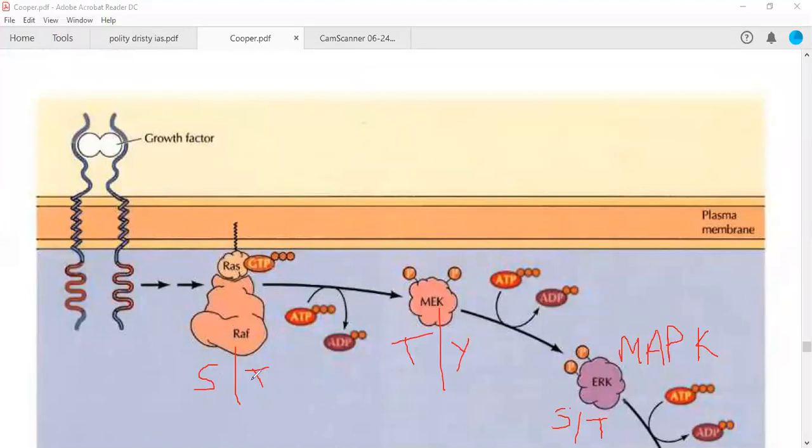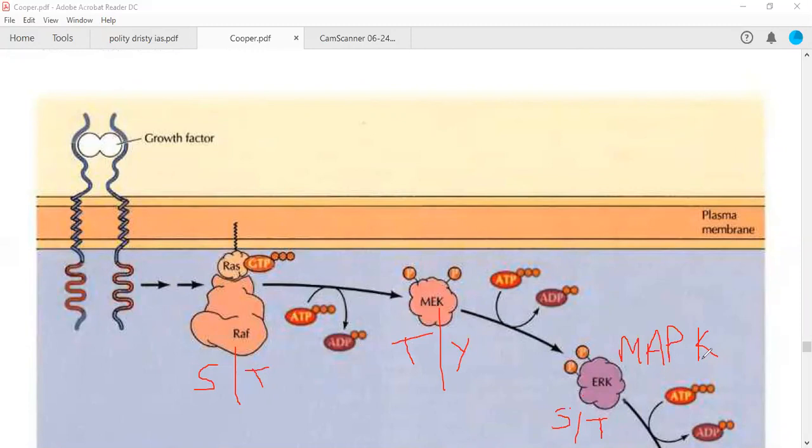So these are called serine threonine kinases. In the downstream protein, they will phosphorylate either serine or threonine, mostly serine actually. MEK is a dual specificity kinase, so it will phosphorylate both. At position 183 it is a threonine, and at position 185 it is a tyrosine, and both will be phosphorylated to activate this particular MAP kinase.